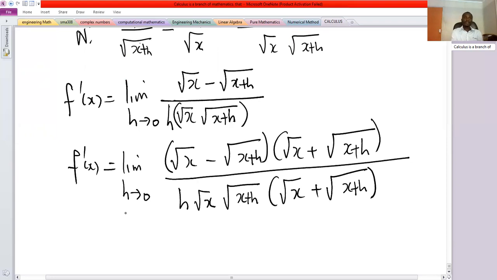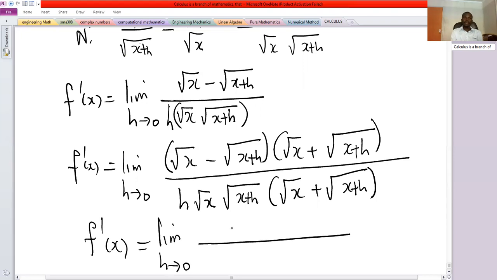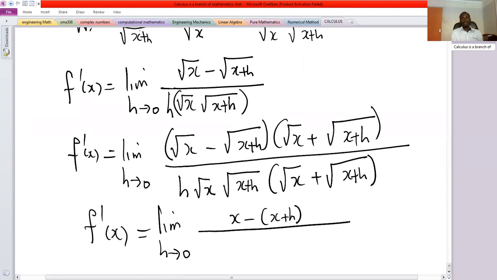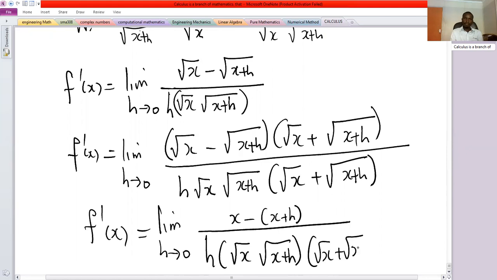Now, these are difference of two squares. So I'll have the limit as h approaches 0 of x minus x plus h. I'm putting brackets back so that I don't interfere with signs. Don't bother opening the denominator.